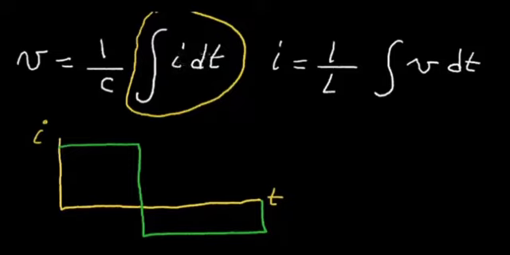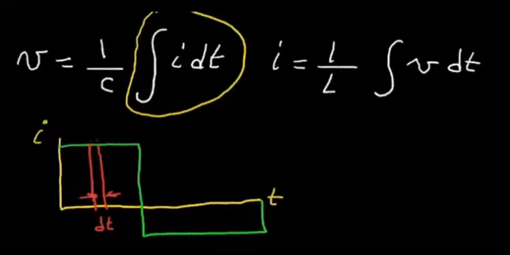For example, this dt means a very tiny little sliver of time. You can think of that as a little sliver in time here. So I have dt, which is this little moment in time, very tiny bit of time.